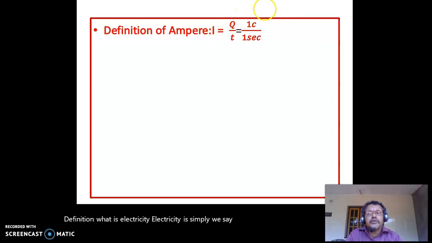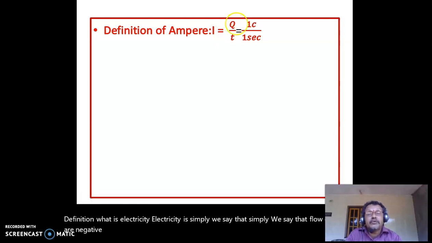It means that if in 1 second 1 coulomb of charge passes through a point, then the current flowing through that conductor is 1 ampere. So you can easily remember I equals Q by T.